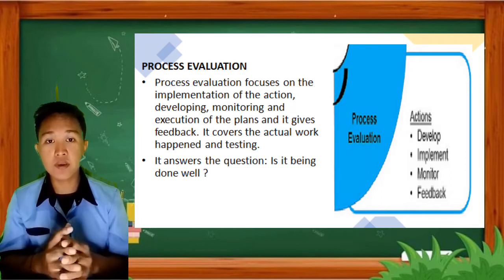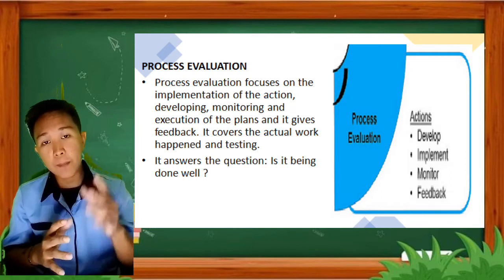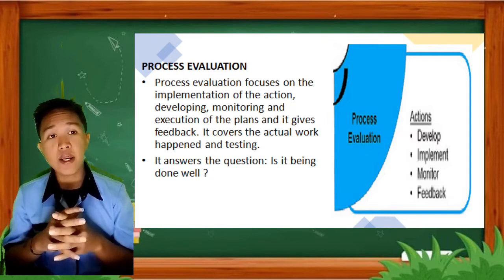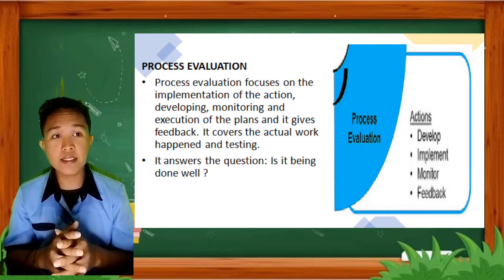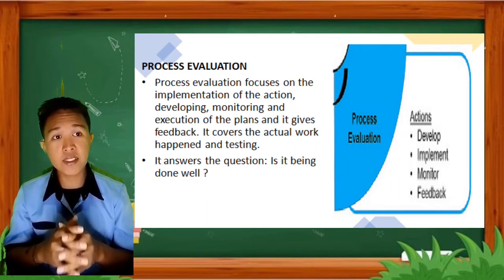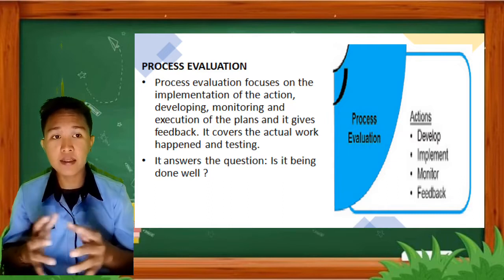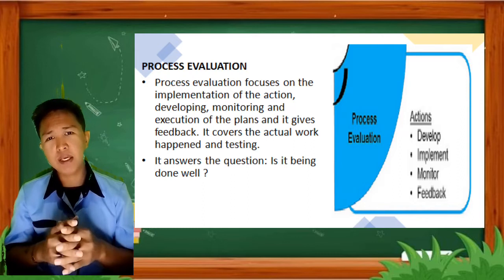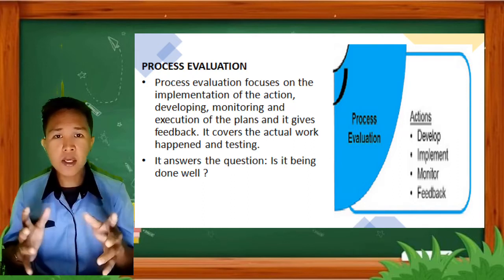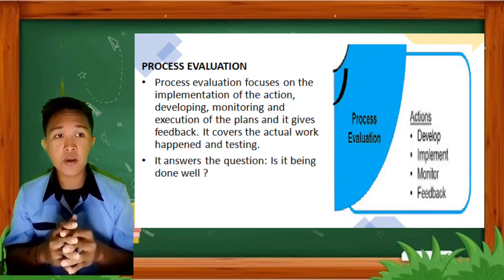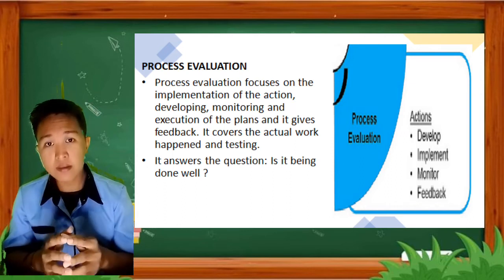Process evaluation is on the implementation of the action, developing and monitoring and execution of the plans, and it gives feedback, and also it covers the actual work that happened and testing. So it answers the question, is it being done well? Okay, remember, in process evaluation, it answers the question, is it being done well?